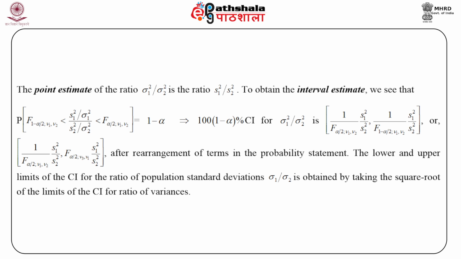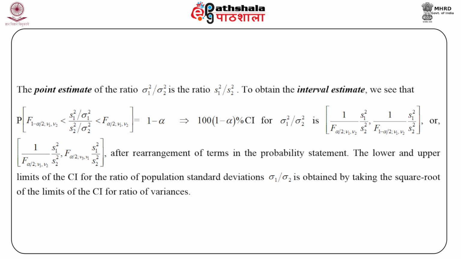This implies that the 100 into (1 minus alpha) percent confidence interval for sigma 1 square by sigma 2 square is 1 upon F(alpha by 2; nu1, nu2) into s1 square by s2 square, and 1 upon F(1 minus alpha by 2; nu1, nu2) into s1 square upon s2 square.